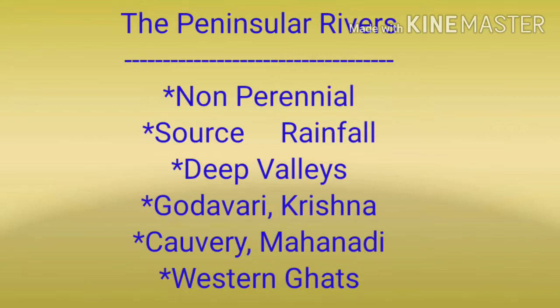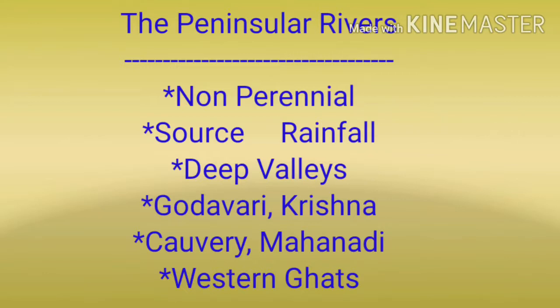Students, do you know some rivers originate in the central highlands and flow in the westward direction into the Arabian Sea? Students, why are peninsular rivers called seasonal? Yes, the peninsular rivers are called seasonal because their flow depends upon rainfall.